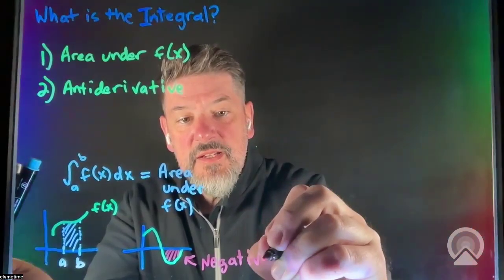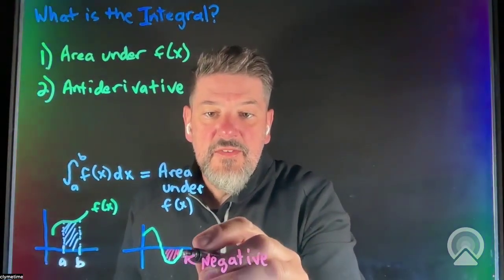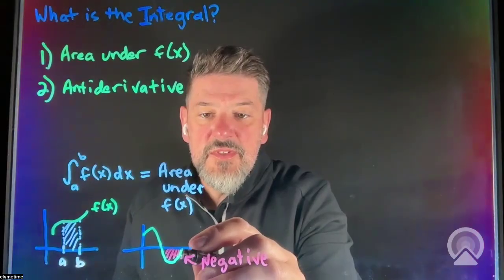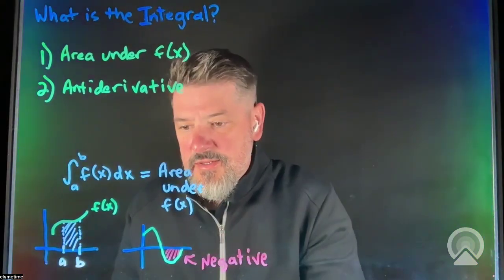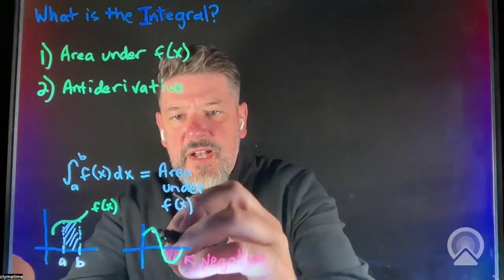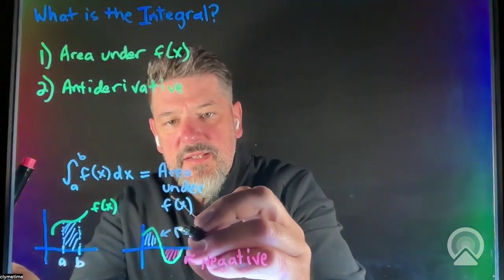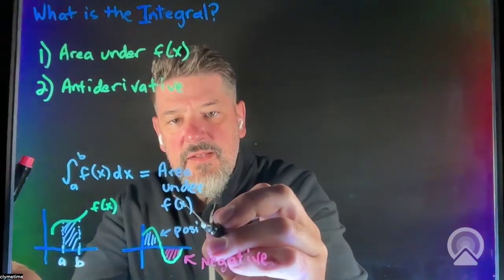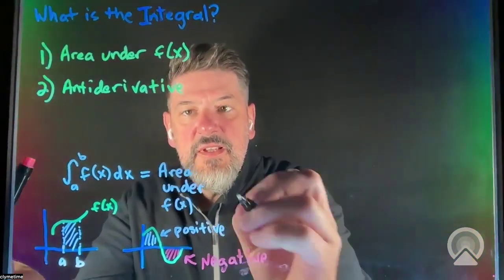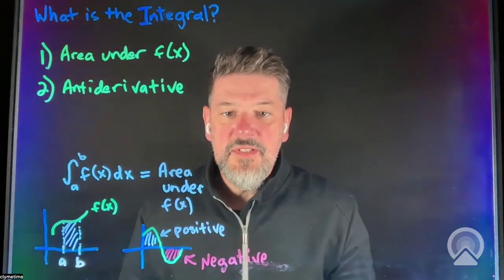And the reason why is because the y value is negative. So because we have a negative y value, it produces negative area. And up here, we have positive area. So this is positive.